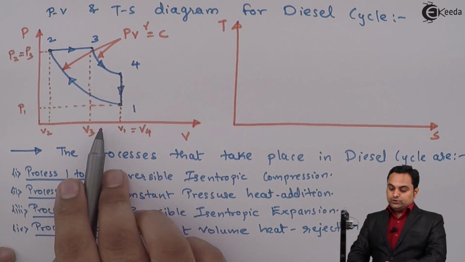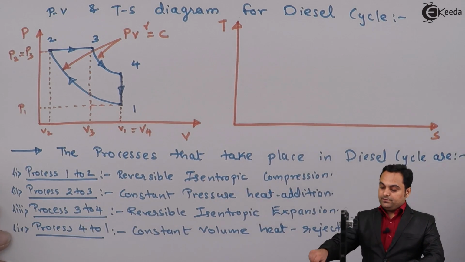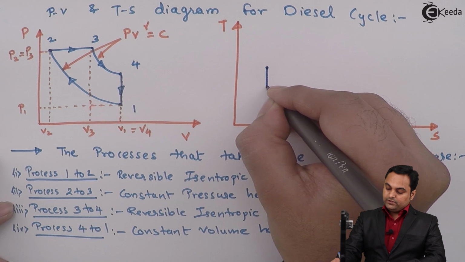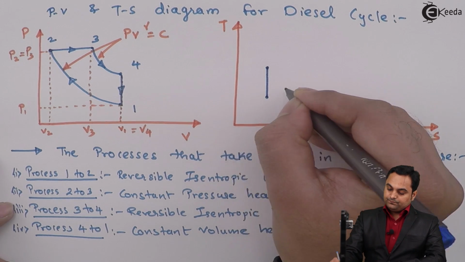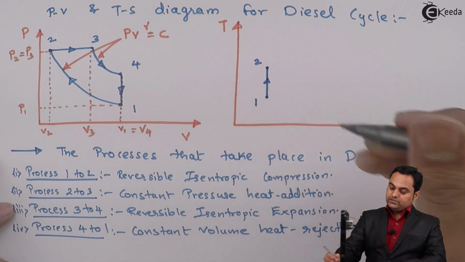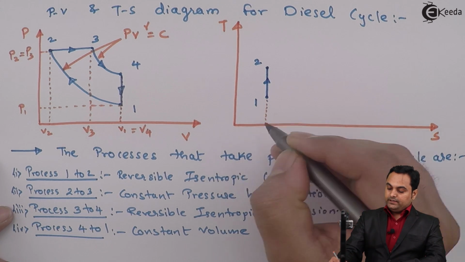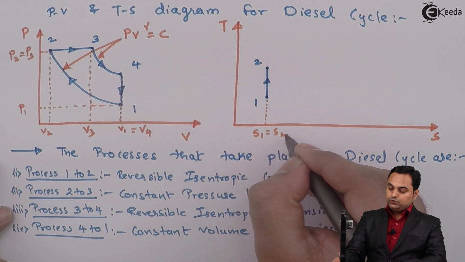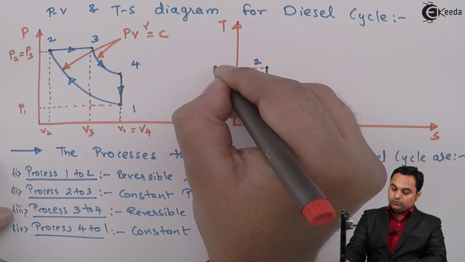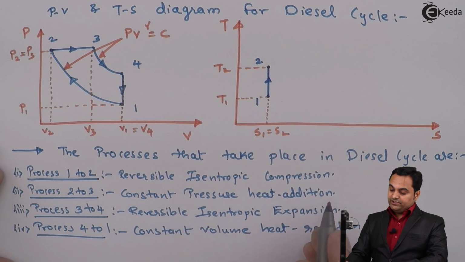Next, I'll show the same processes on TS diagram. First is reversible isentropic compression. It will be shown with the help of a vertical line. So this vertical line represents the isentropic compression, wherein entropy of point 1 is same as point 2, but the temperature rises from T1 to T2. That is isentropic compression. Next, constant pressure heat addition.